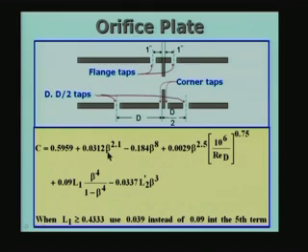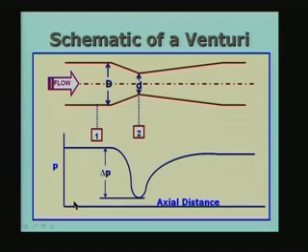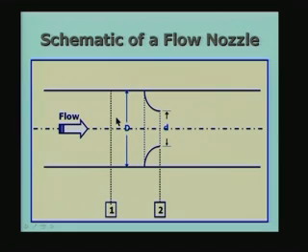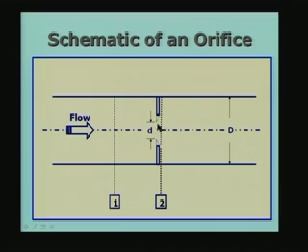One, it depends on what is called beta. Beta is the ratio of the diameter of the orifice to the diameter of the pipe, lowercase d divided by capital D, that is your beta. In fact, you can see here d and D, that ratio, this d divided by capital D, is called the beta.